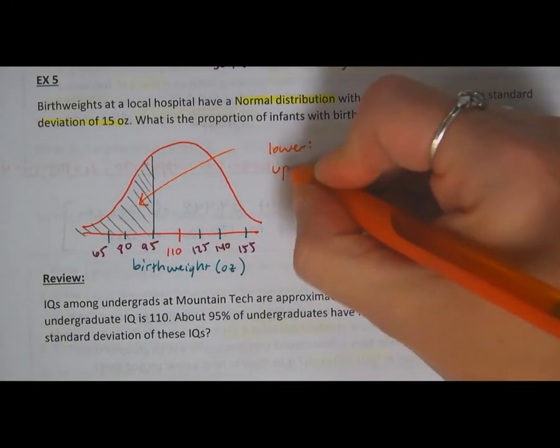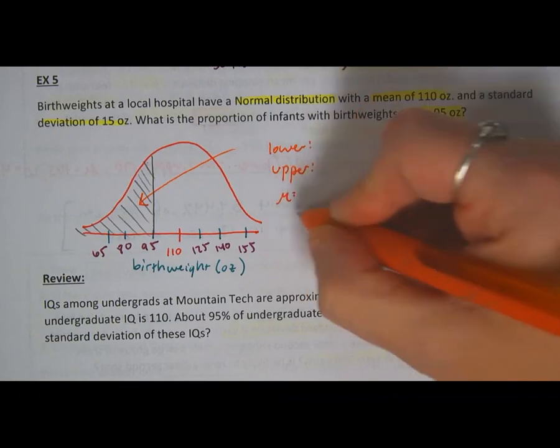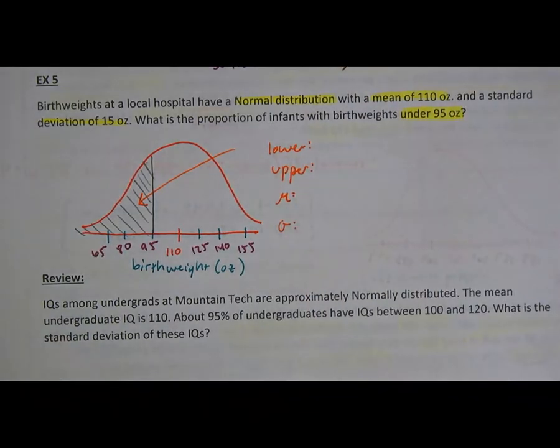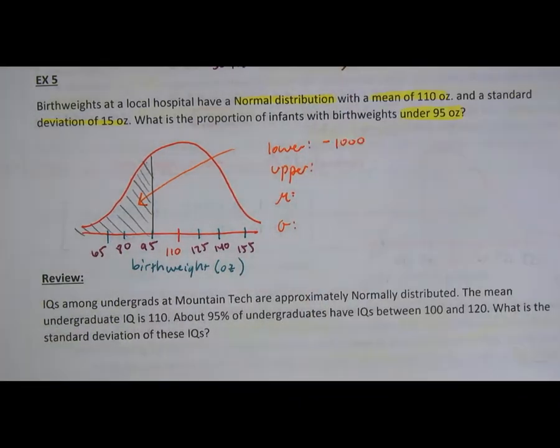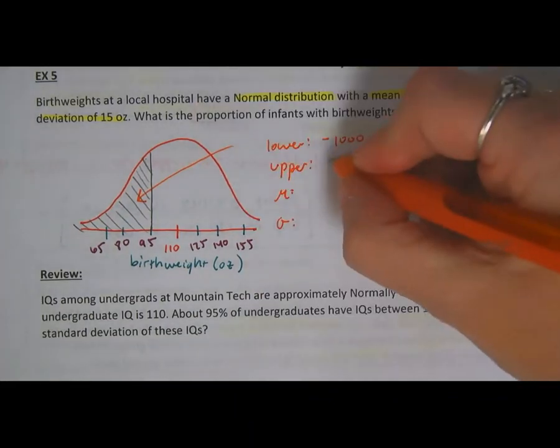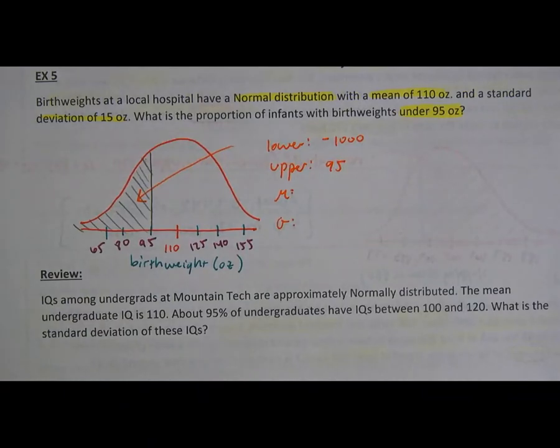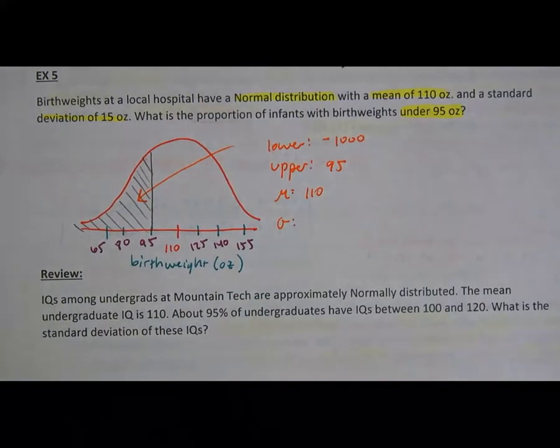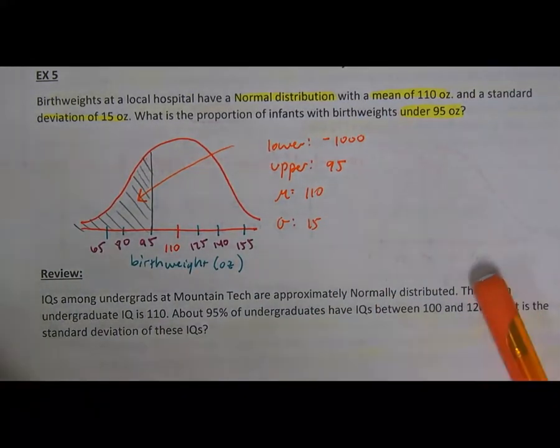Lower, upper, mean, standard deviation. The lower is going to be negative 1,000. The upper is going to be where I stopped at 95 ounces. The mean is 110 ounces, and the standard deviation is 15 ounces.